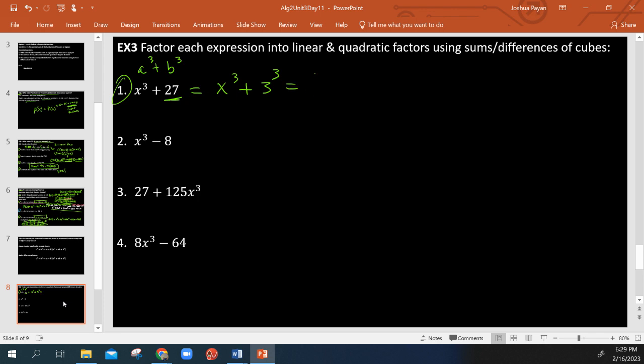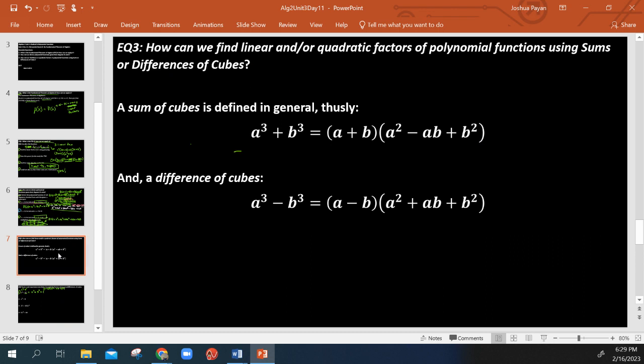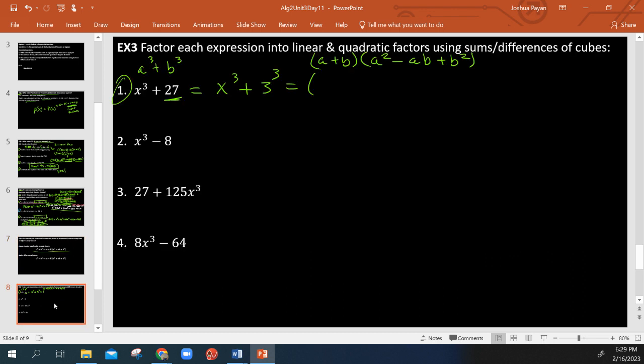So then I'm going to plug into my formula. That's a plus b, multiplied by a squared minus ab plus b squared. Let's see if I remember. And let's go back and double check. Haha, I got it. I'm a genius.